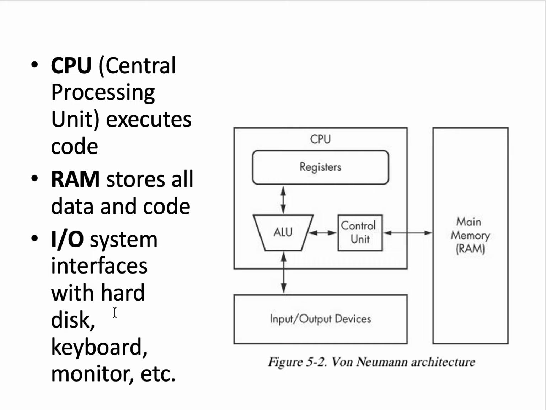When I say data, it has to do with the actual instructions of the CPU, not the data that Amazon keeps track of for us. I'm talking about the data that gives the CPU very elemental instructions. Then we have the input output system that interfaces with the components of your computer, things like your hard disk, your keyboard, your monitor.